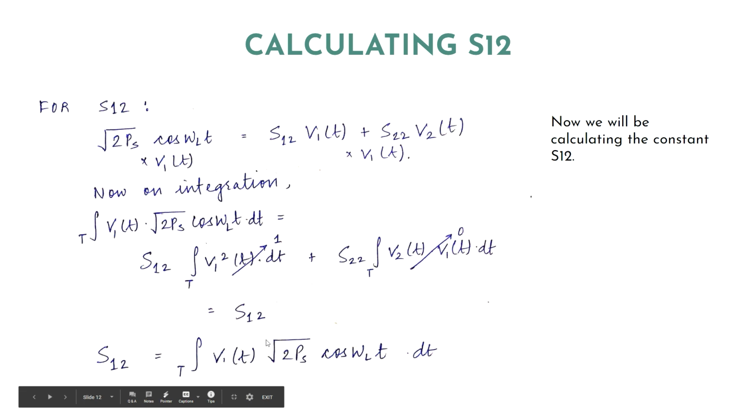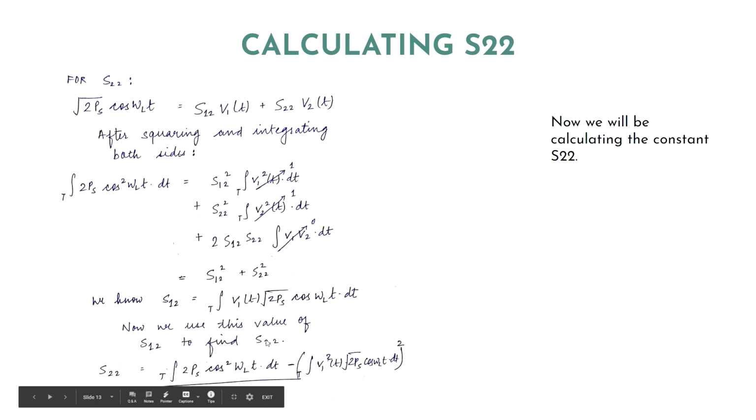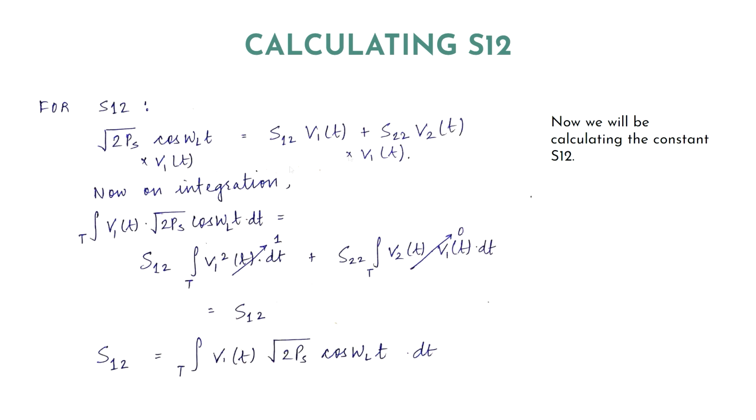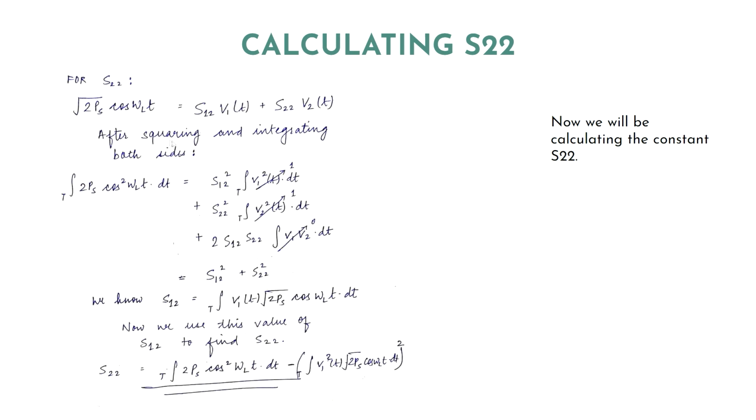Now we finally need to calculate the value of S22. For S22, we have this equation, the same one as the previous one here. Now we square both the sides and then integrate both the sides. On squaring, we get this term which is cancelled out by orthonormalization, so they become 1 and 1. So these terms become S12 whole square and S22 square.